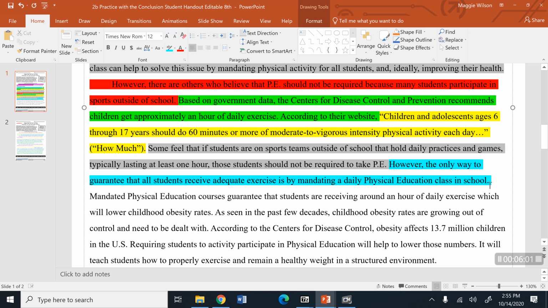Remember, what comes after the premise is the introduction to the evidence. So "mandated physical education courses guarantee that students are receiving around an hour of daily exercise, which will lower childhood obesity rates."